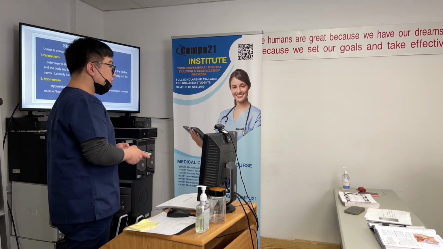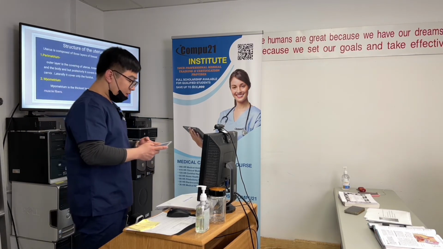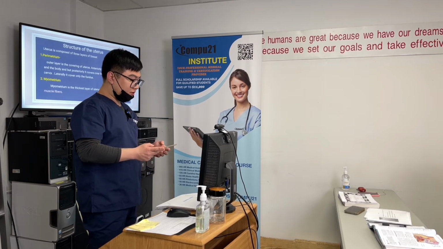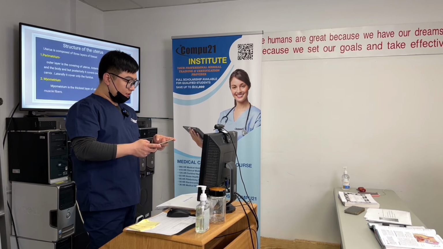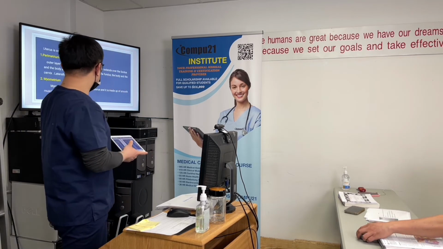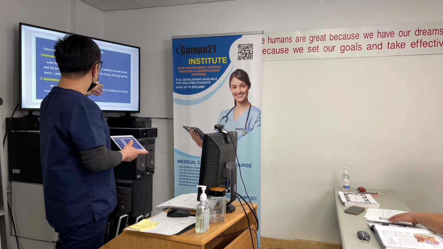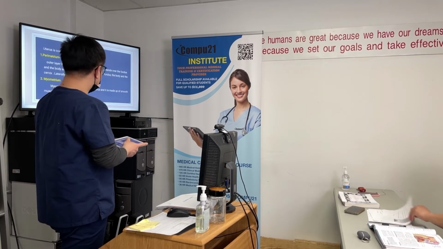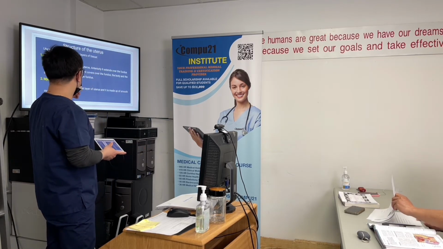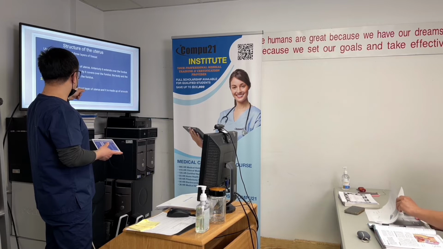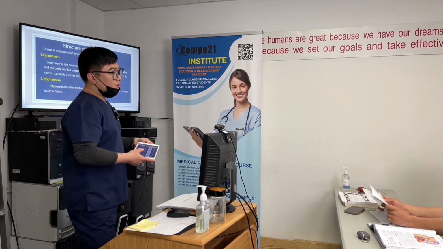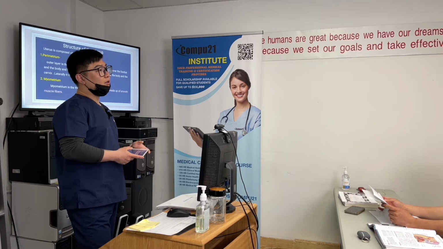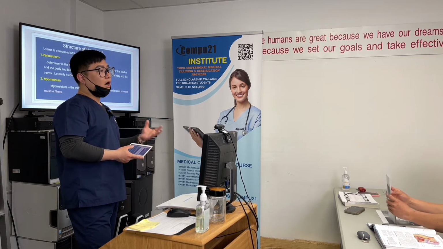The uterus is composed of three layers of tissue. The first one is the outer layer, the perimetrium, the second is the myometrium, and the third one is the endometrium. That looks like our heart.